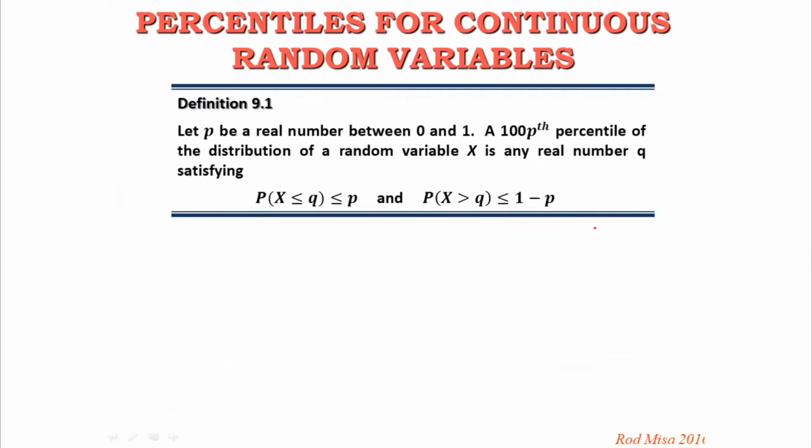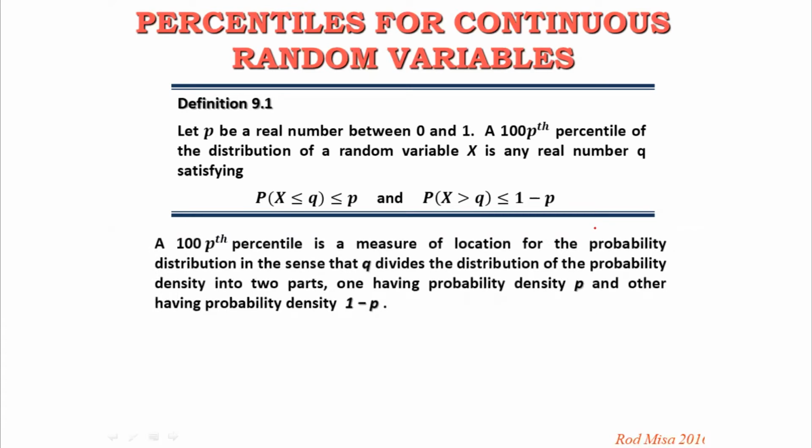So, definition 9.1. Let p be a real number between 0 and 1. The pth percentile of the distribution of a random variable X is any real number q satisfying these two conditions: the probability that the random variable X is less than or equal to q is less than or equal to p, and the probability that X is greater than q is less than or equal to 1 minus p.